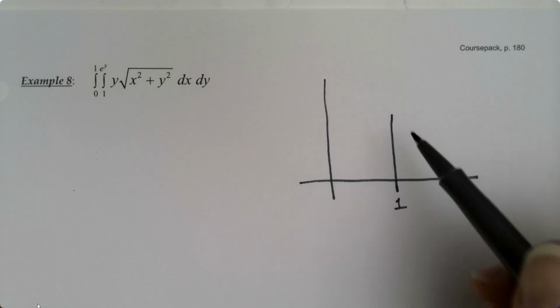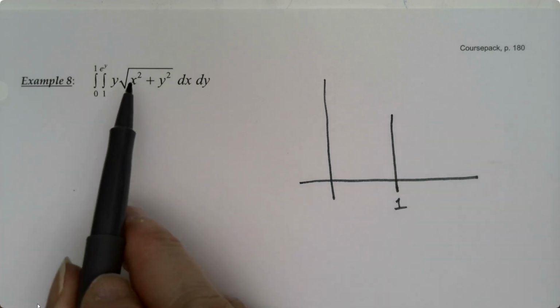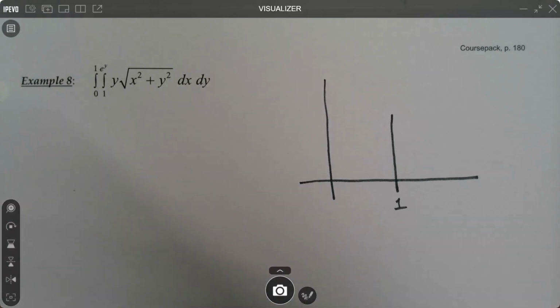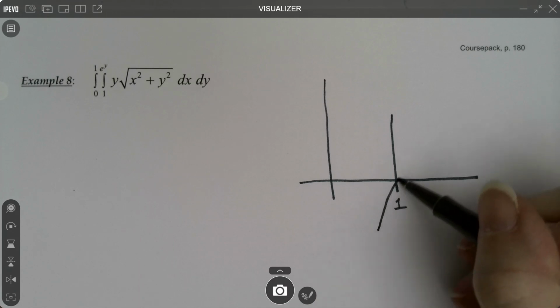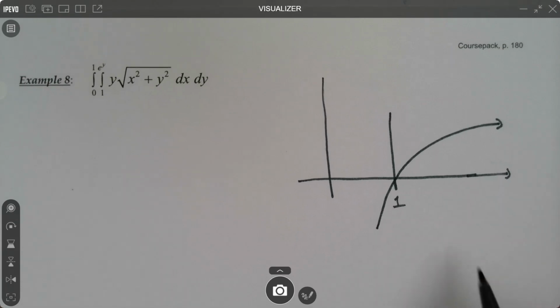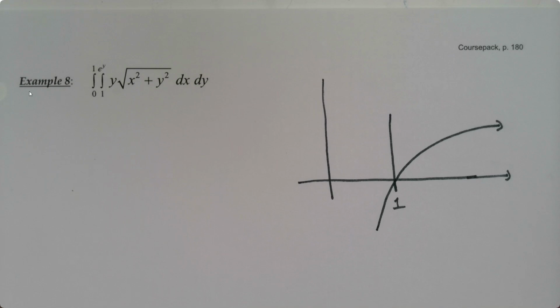Now, what does x equals e to the y look like? Well, it's going to look like this. You could graph it on Desmos, you can graph it on Maple. It's going to look like that. It's going to come through 1, 0, just like the other thing does.